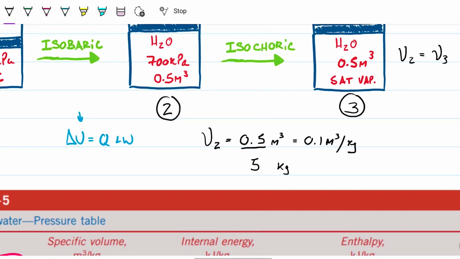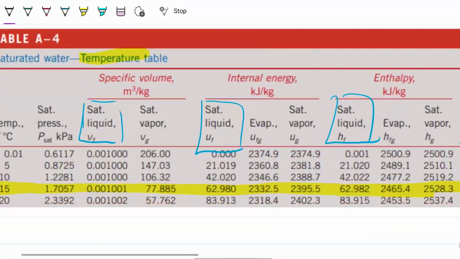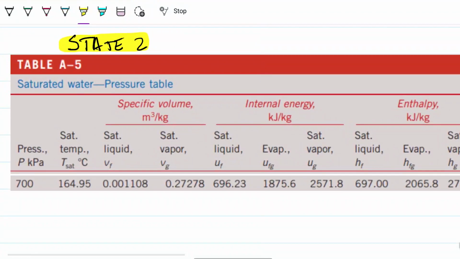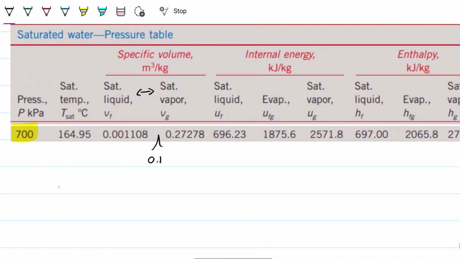With these two properties, I'm going to go to the 700 table again and check whether the 0.1 falls between these two values. And it does. It's smaller than this one, yet bigger than this one. So we can conclude it's a saturated mixture.